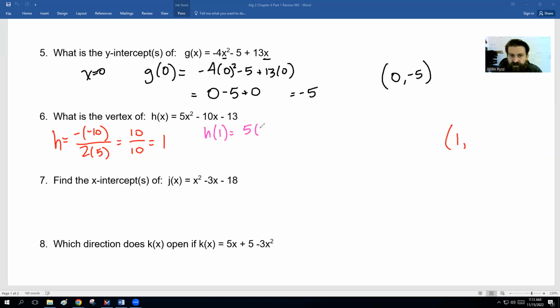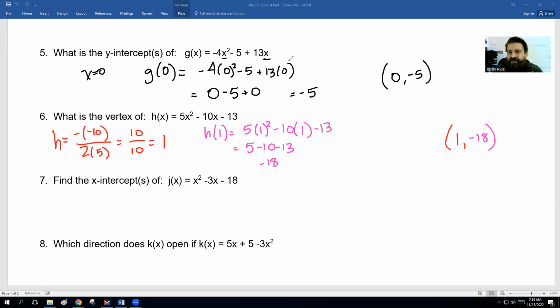So what's 5 times 1 squared minus 10 times 1 minus 13? So let's see. 1 squared is 1 times 5 is 5. 5 minus 10 and then minus 13. So that'd be -5. That'd be -18. There's the vertex.